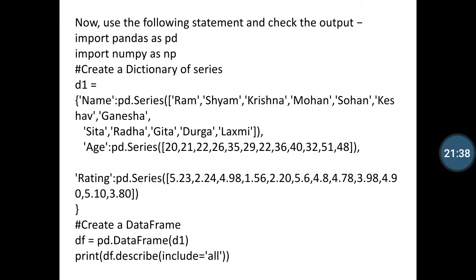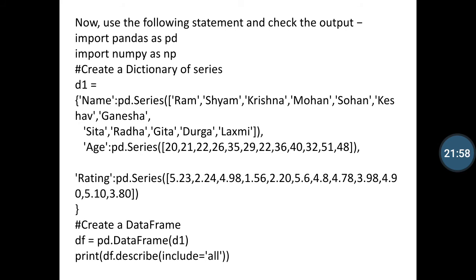Now use the following statement and check the output. So I am defining another example using the include method. First of all, import both libraries, import pandas as pd and import numpy as np, and create a dictionary structure.